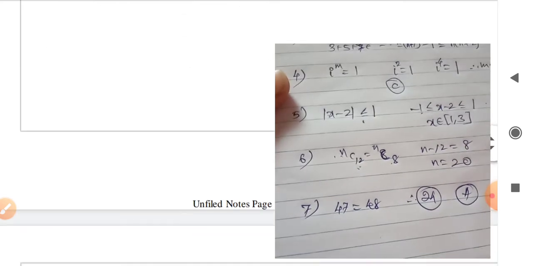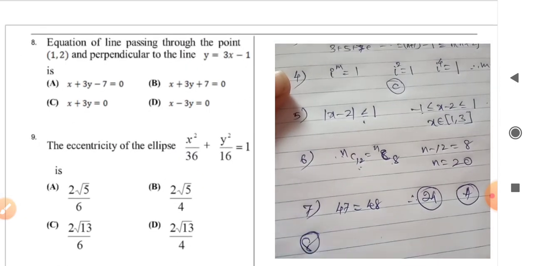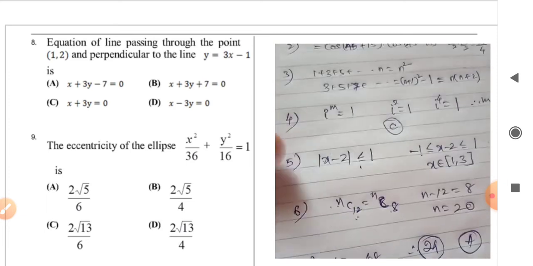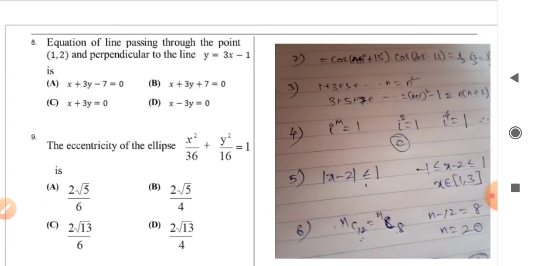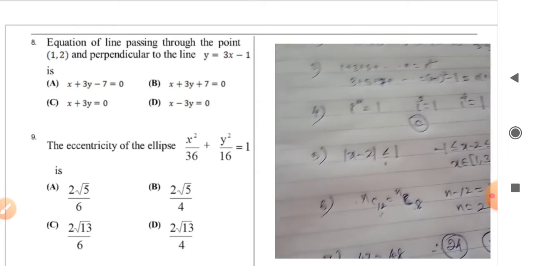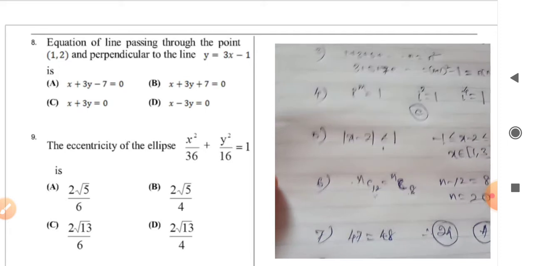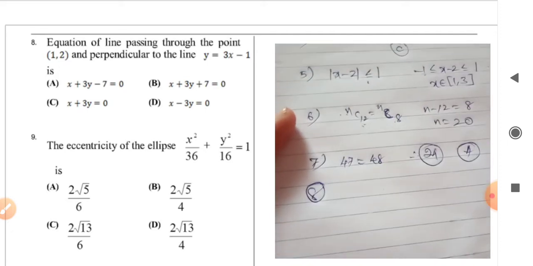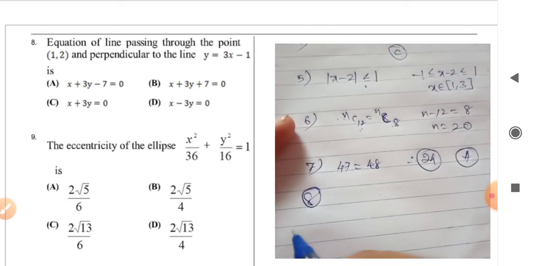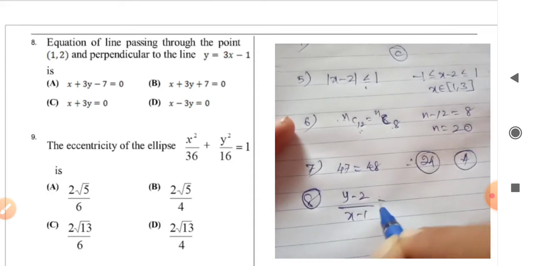So now I go for the next problem, which is the eighth one. Eighth problem is very simple. Now look at this. They have given the equation of a line passing through the point (1, 2) and perpendicular to this one. So remember, it is passing through the point (1, 2), and therefore you can say directly the slope: y minus 2 divided by x minus 1 equal to minus 1 by 3.